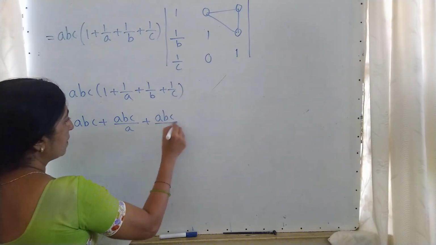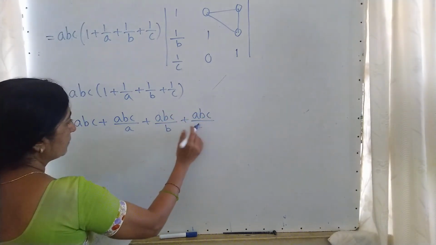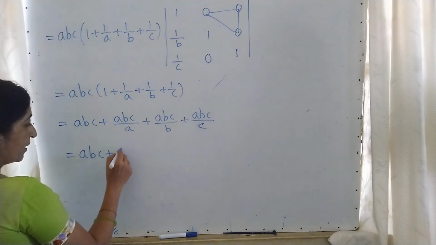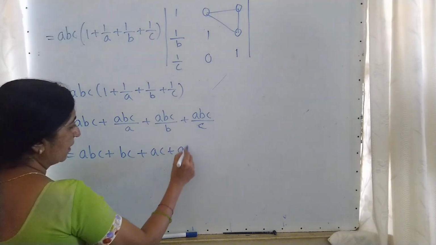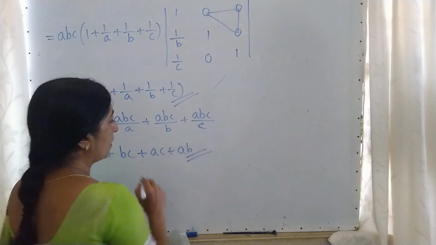Each element is multiplied with abc. Now cancel that. It is bc, then ac, then ab. This is another result: this is one result and this is another result.